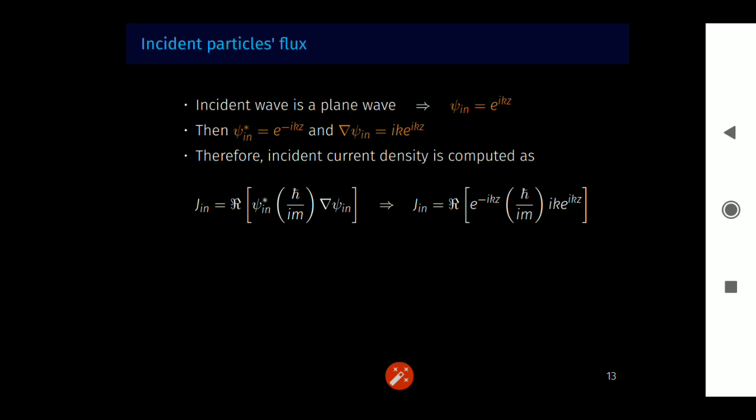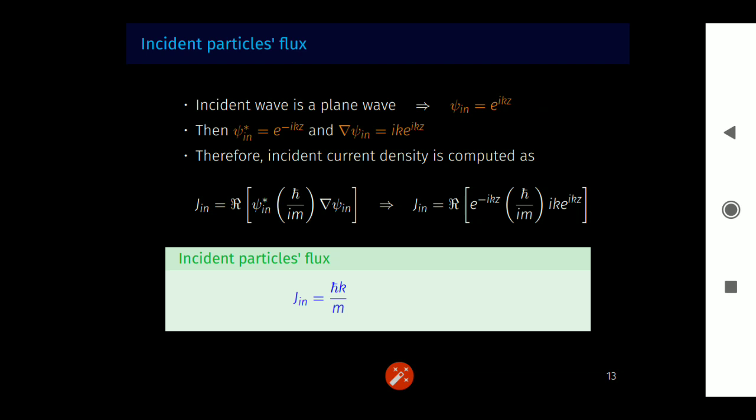Substituting the values of ψ star and the gradient of ψ and taking the real part gives the incident particle flux, which is equal to ħk by m. So the probability current density itself is the incident particle flux.